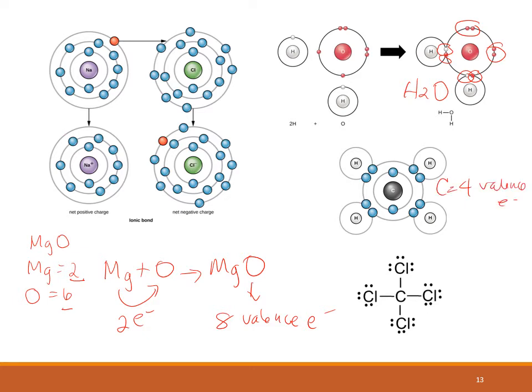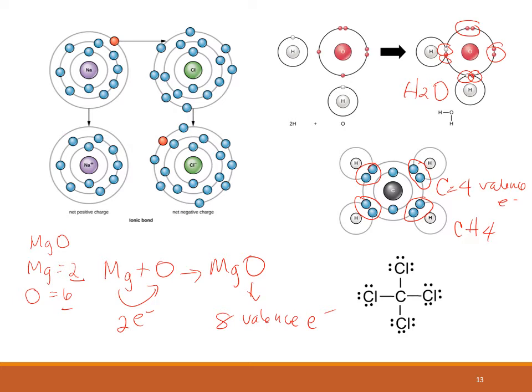So, it can share 4 electrons with other atoms to complete its 8 electron requirement. In this case, carbon shares its electrons with 4 atoms of hydrogen to form methane or CH4.